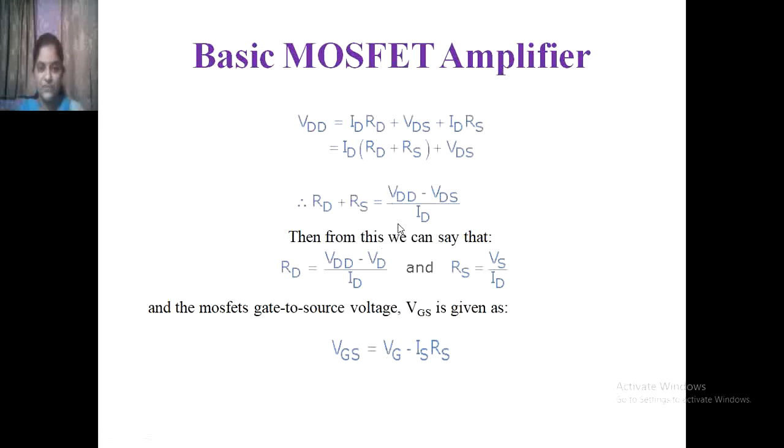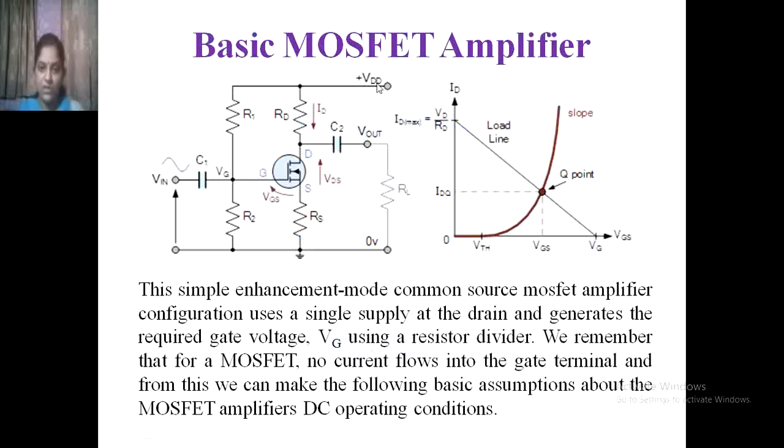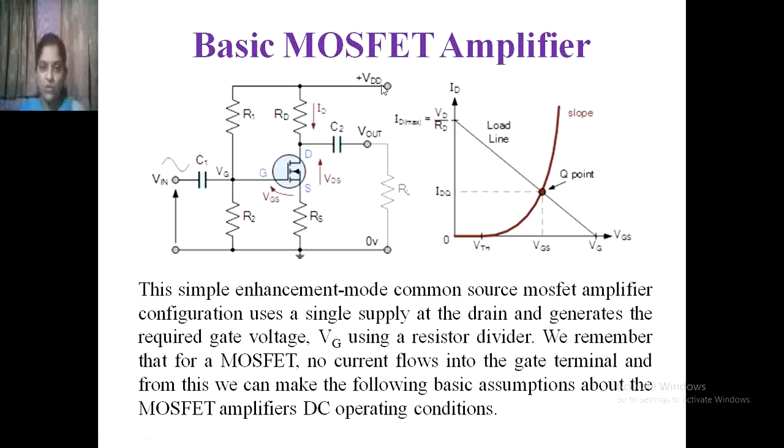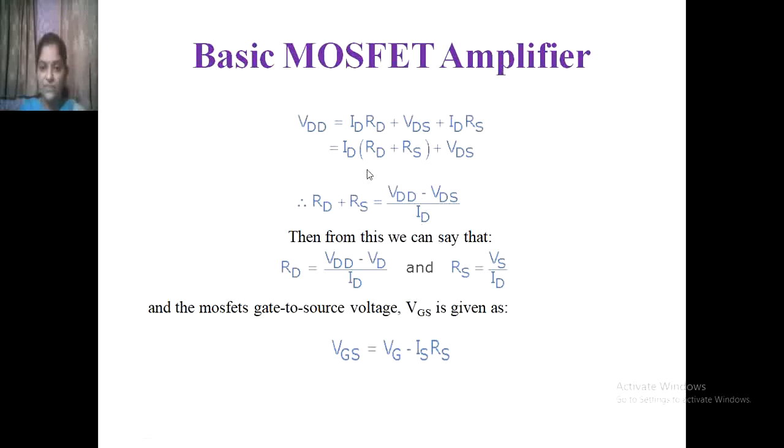Let us see. Here VDD, considering this path, is equal to ID into RD plus the voltage across the drain and source plus ID into RS. So VDD is equal to RD into ID plus VDS plus ID into RS. We can take ID as common: in brackets RD plus RS, plus VDS.